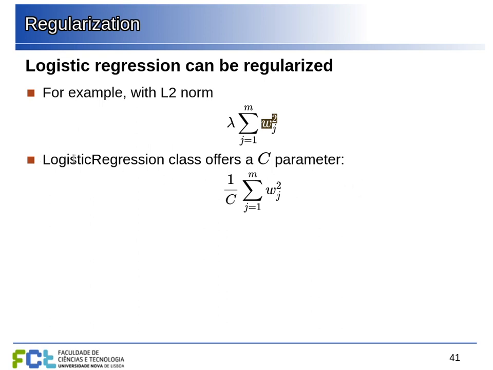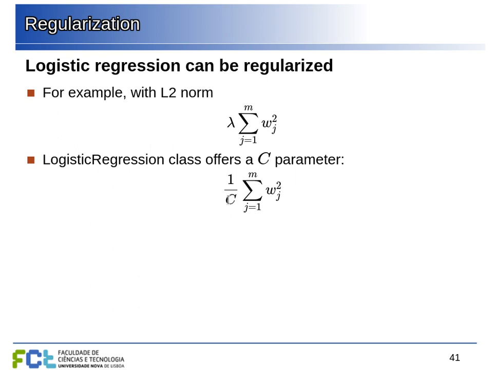Actually, in scikit-learn, we have this C parameter that we saw for regularization that corresponds to 1 over lambda, or lambda is 1 over C. So if we have a very large C, we have a very small regularization, a very small weight given to this term. If we have a smaller C, we have a very large weight for the regularization.